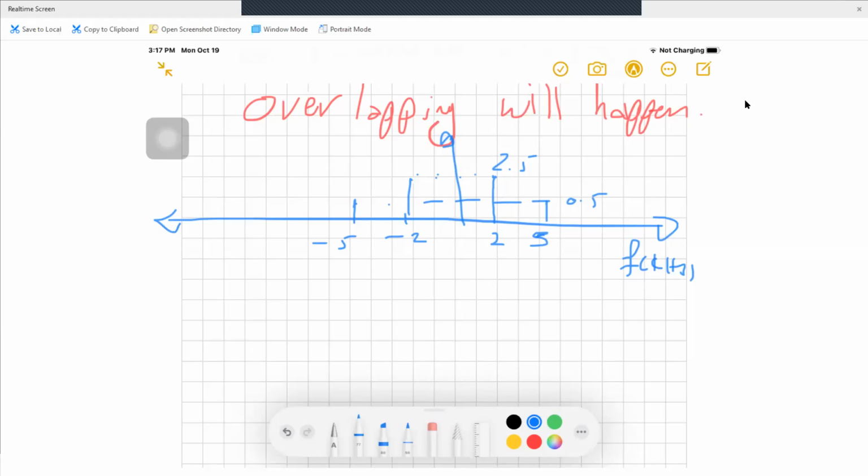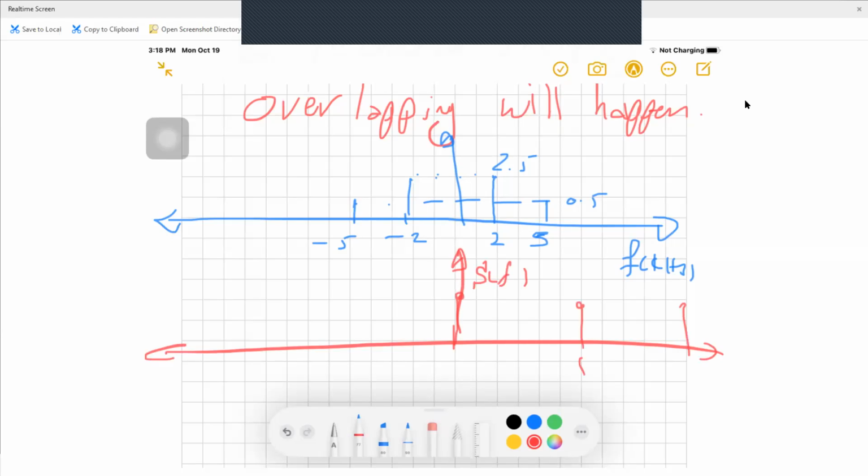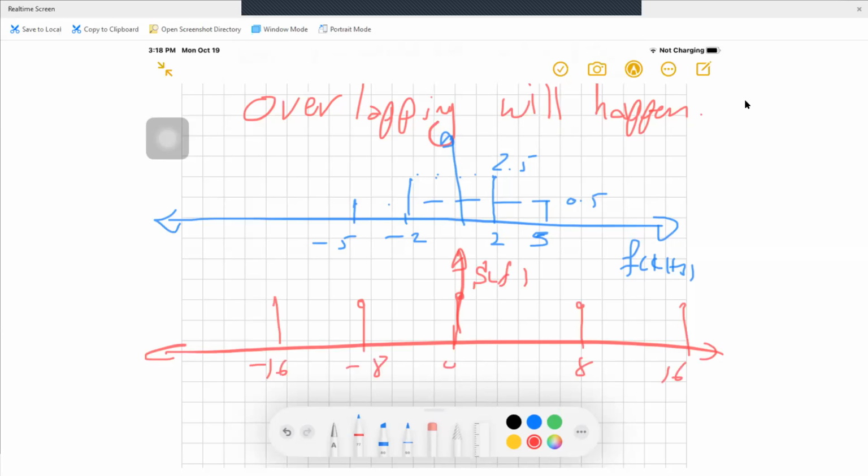Well, the spectrum for the sampling function S of f will be at 0, 8 kilo, and 16, minus 8 and minus 16. Okay, this will be the spectrum for the signal, and this will be f in kilohertz.